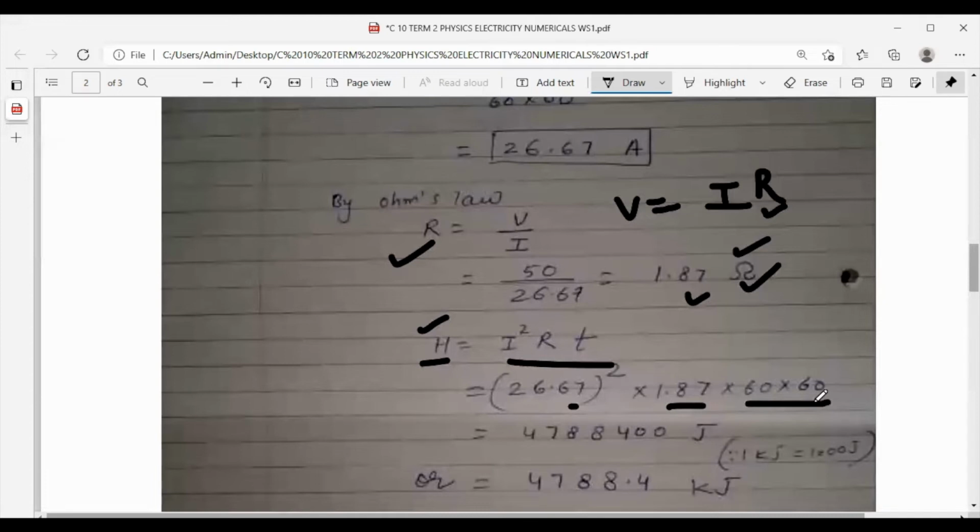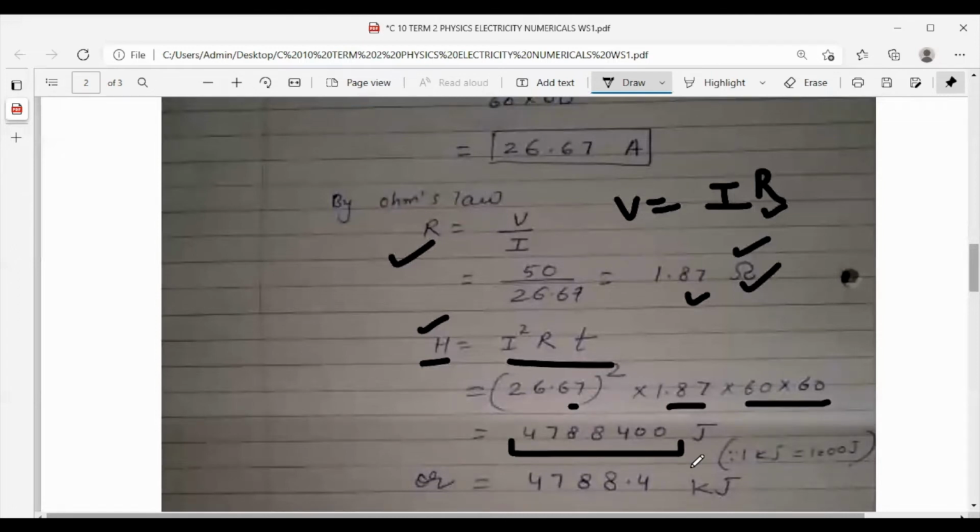The unit of time is seconds, so 1 hour is equal to 3600 seconds. Multiplying these, we find the value 4788400, and this will come in joules.